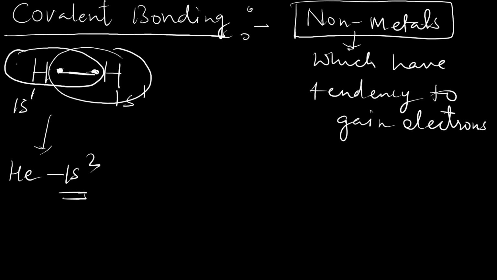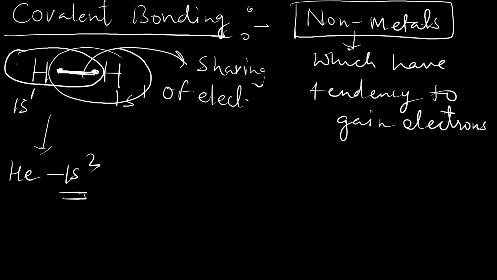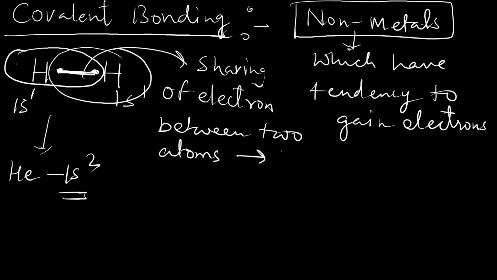So now there are two electrons between two hydrogen atoms, and this sharing of electrons between two atoms is known as covalent bond.